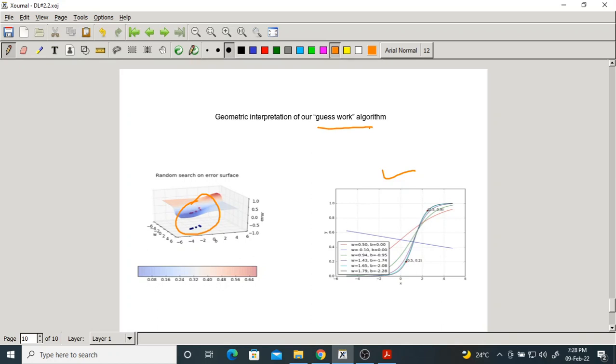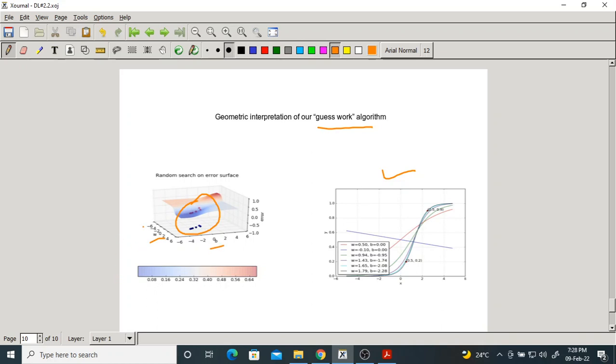As of now, guesswork and this error surface is not at all a good idea. Let us go with a principled way of finding or learning the weights from the given training data. Why doesn't this work always? Because we don't know for which values of W and B the error is minimum.